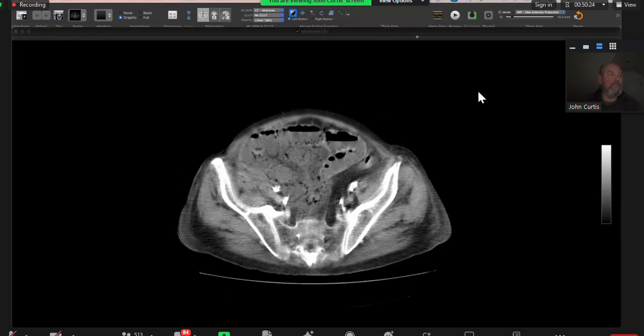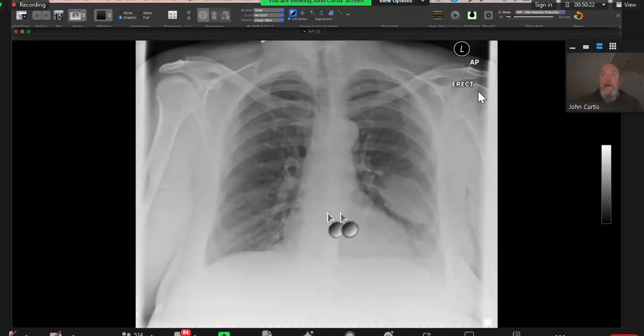This one, if this was a malignancy and that was eroding the rib, it would erode the rib and it would just vanish. But this is preserving the cortex of the rib and it's scalloping it. And that's the hallmark of a benign lesion.